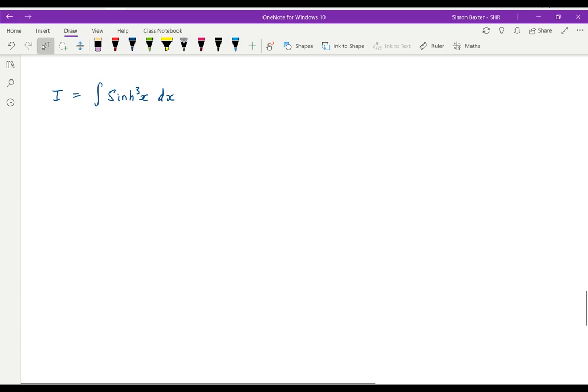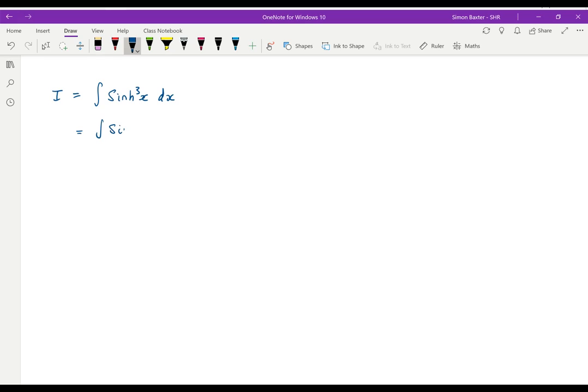What happens here? If I put the exponential form in, it could be done. It's e to the x minus e to the minus x cubed, which is just a binomial expansion, and integrate each term. So it's not too difficult. Or we could think along the lines of how we would integrate if it was sine cubed.